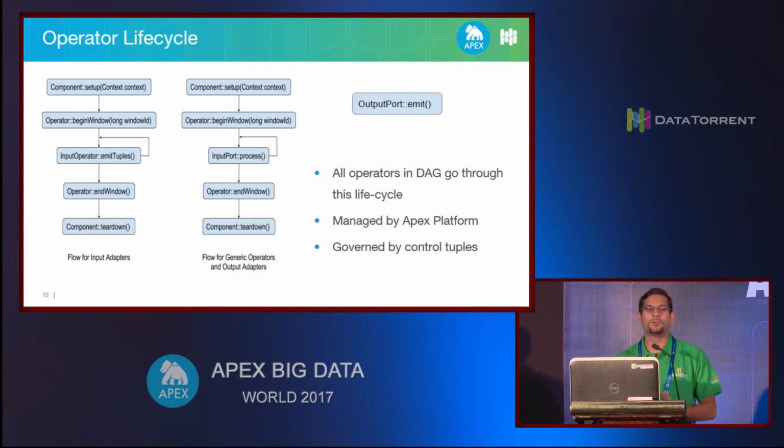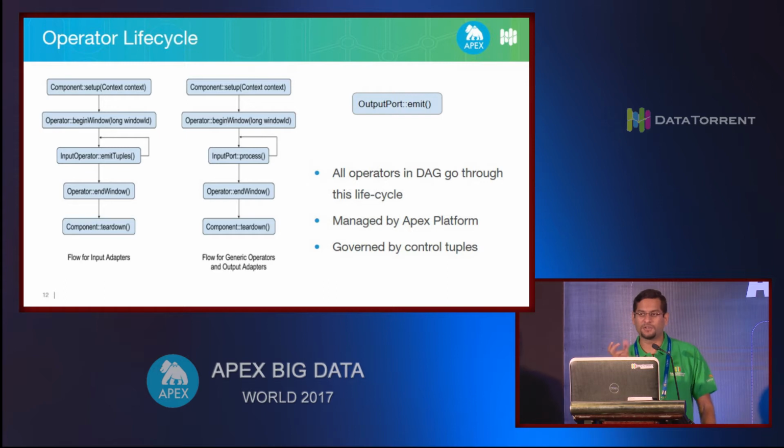Now every operator follows a certain life cycle. This life cycle is very similar to your standard JUnit or any unit testing framework lifecycle. You have a setup method which gets called at the beginning of the application. We have a concept called windowing. A window is a micro unit of data, a unit that the streaming engine uses to manage the data at a rate as high as 1 million events per second.